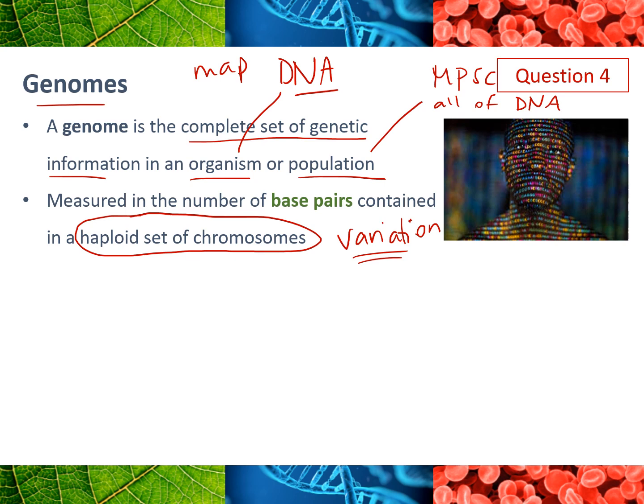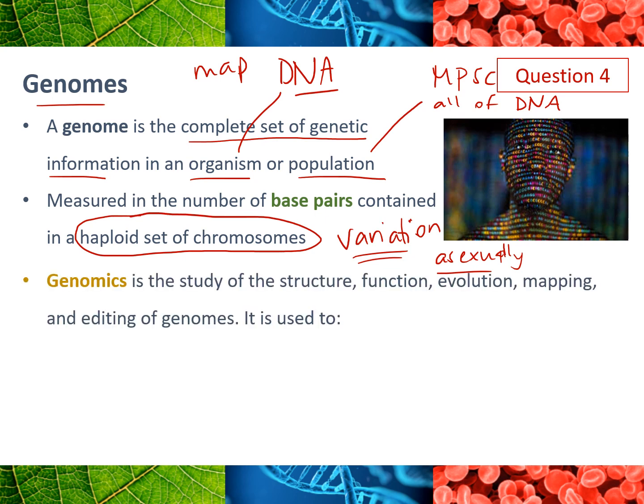So some species, there might be 1 million individuals in a population, but they might all be very, very similar, in which case their genome isn't going to be that big, particularly if we looked at asexually reproducing organisms. So bacteria, for example, apart from mutation, where there might be a little bit of change, all bacteria in a population should be exactly the same. So their population genome is probably going to be the same as an individual's genome.